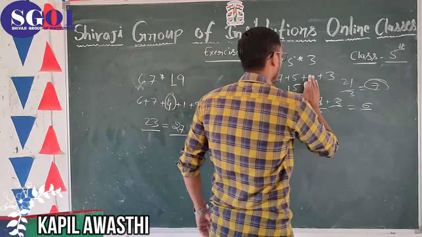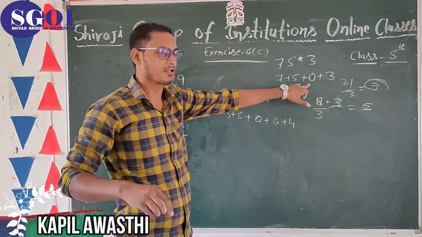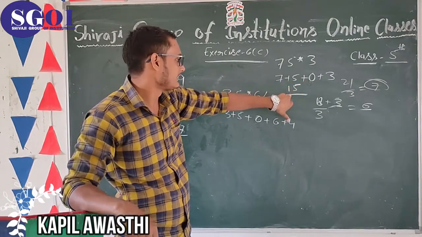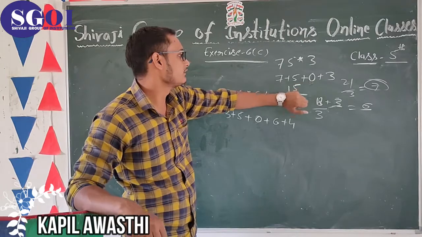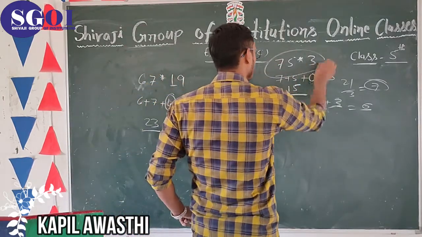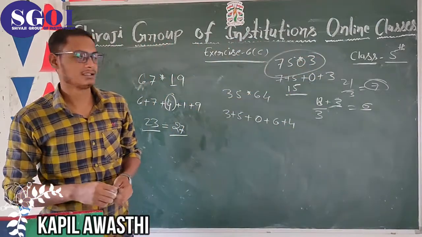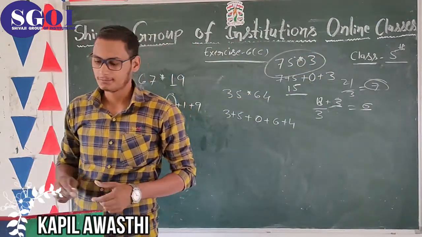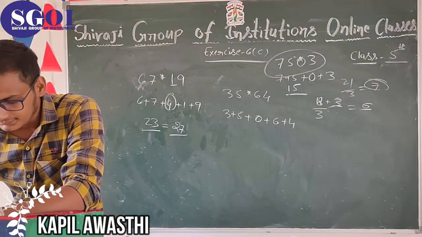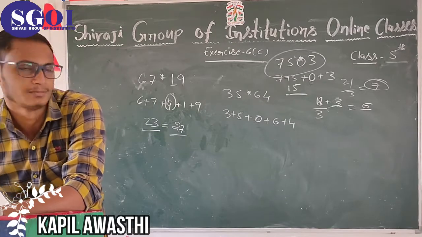So we put the value 0 in place of star, because 0 is the smallest number. If we put 0, the whole number is divisible by 3. In the question he asks to replace star by the smallest number, so 0 is the smallest number.